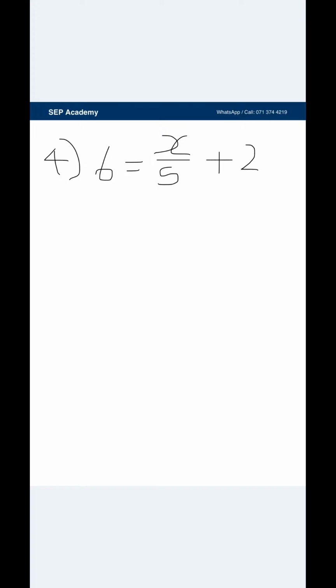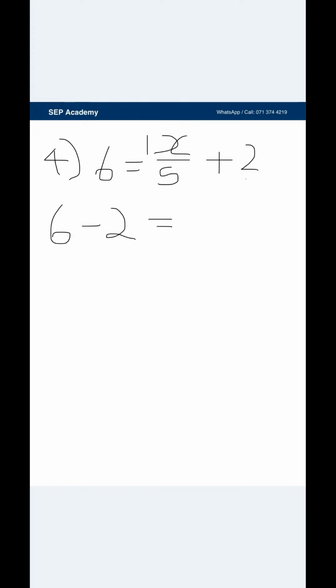Okay, then it's fine. This is what you are given. Remember, letters one side, numbers one side. So you can still take these 2 to the left hand side, so it doesn't really matter that much. You can say 6 minus 2, and this is equals to. Most importantly, you have an invisible one there.